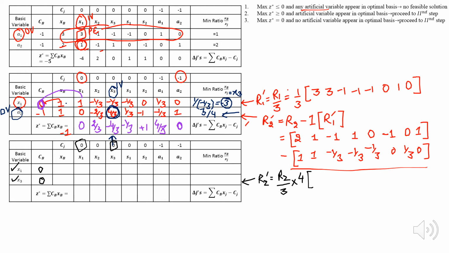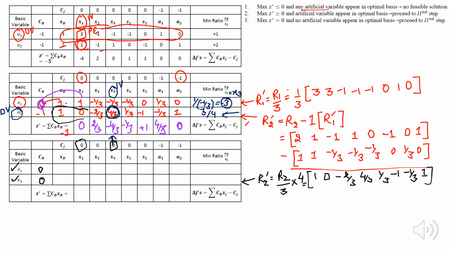Okay, and what is the old row value? If you will see here, from here you will take 1, 0, minus 2 by 3, 4 by 3, 1 by 3, minus 1 by 3 and 1.